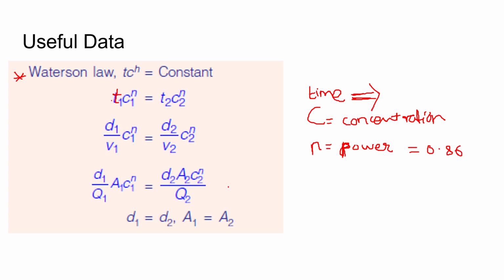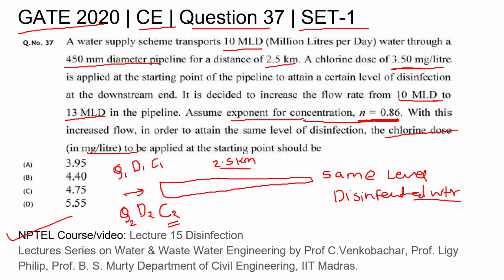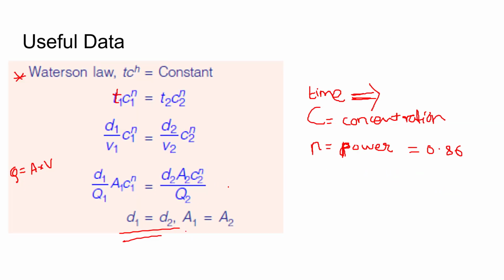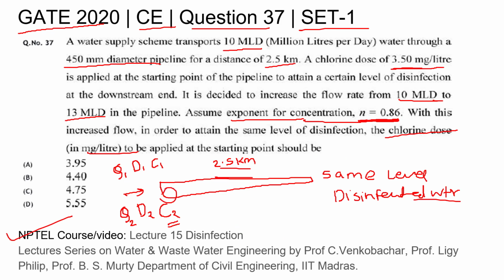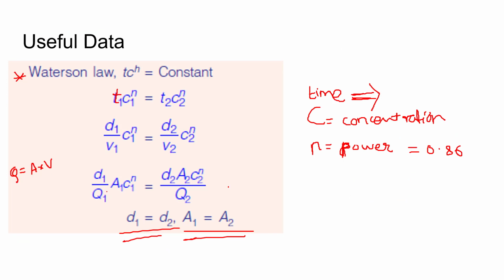We know that time is nothing but distance upon velocity, and discharge equals area into velocity, so velocity is discharge divided by area. In this case the distance is the same, 2.5 kilometer, and the pipeline cross-section area is also the same in both cases. Therefore distance and area will cancel out.